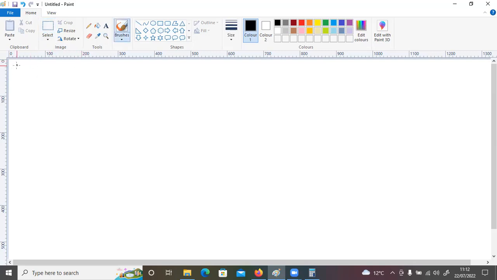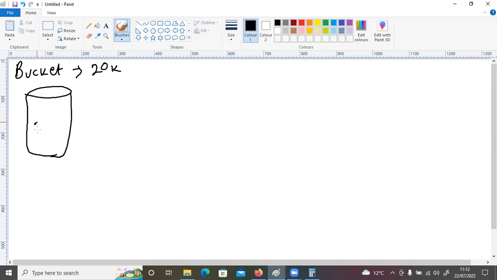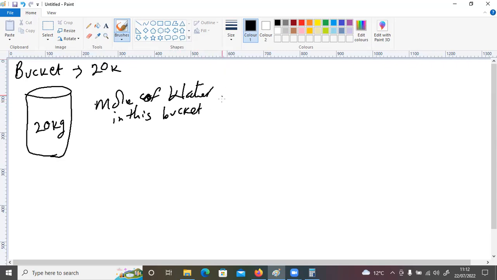You have one bucket of water, which is 20 kg. Your regular bucket, you know it, that bucket where you store water is 20 kg in weight. How many moles of water are here? Moles of water. This is a real life one. Moles of water in this bucket, or jerrycan, or whatever it is that you want to call it.